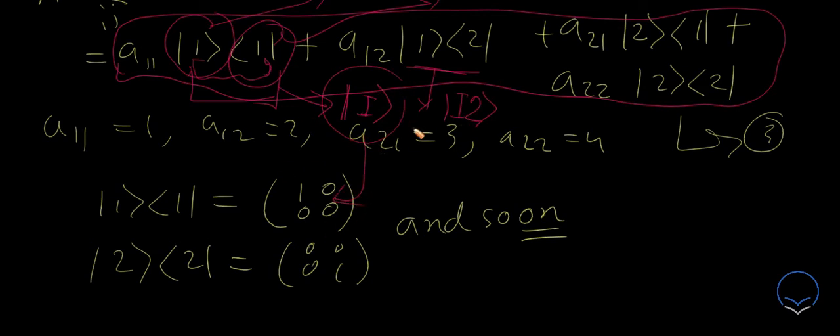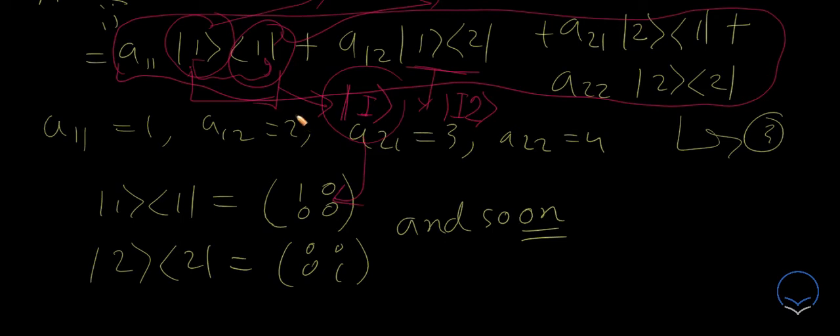So I discussed this demonstration just to let you know that whenever we think of bra and kets, yes, we can think of them in terms of rows and columns, but they can also represent more diverse objects like matrices and sometimes even functions.